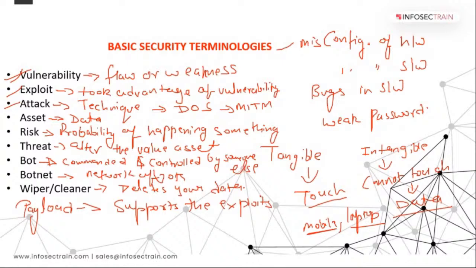Mr. Affan says if you are controlling only a single bot, that can also be called a botnet. If you are controlling a single bot, that is only a bot. A network of them is called a botnet.